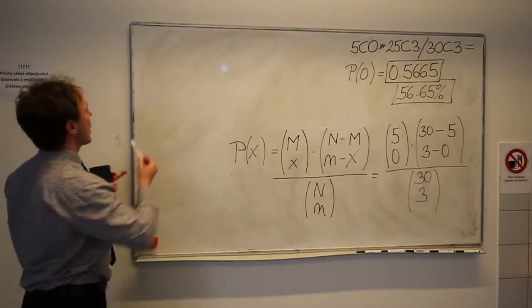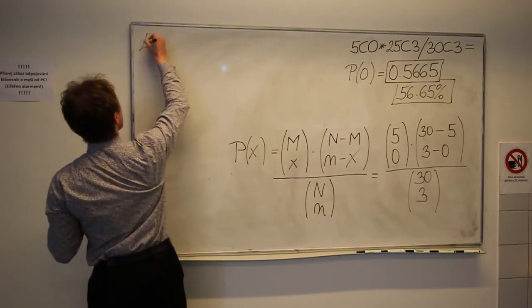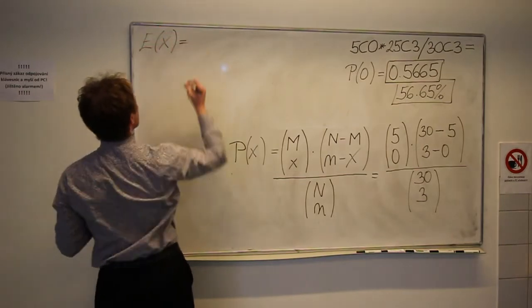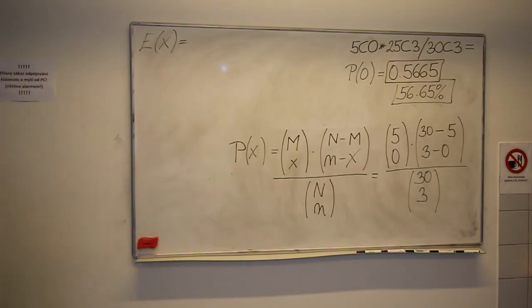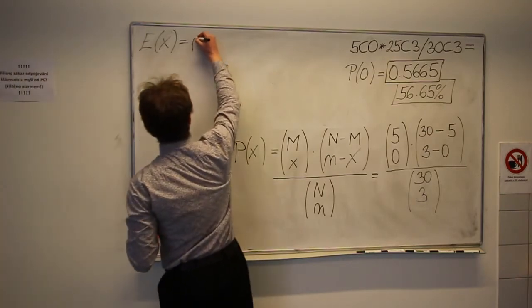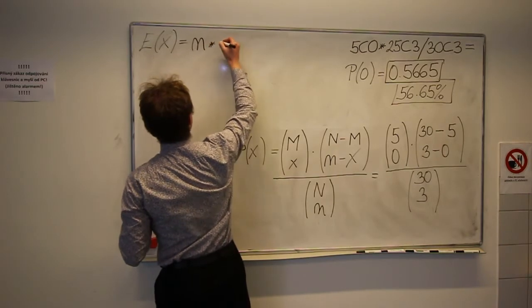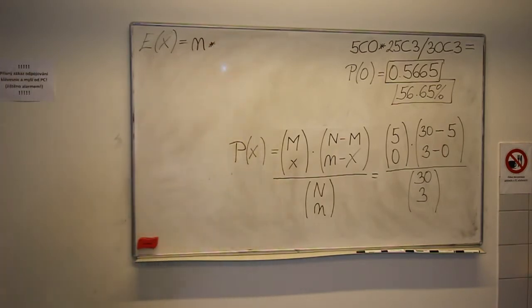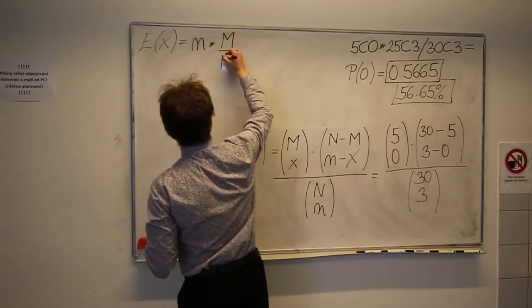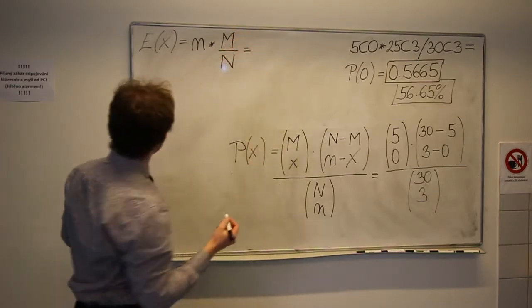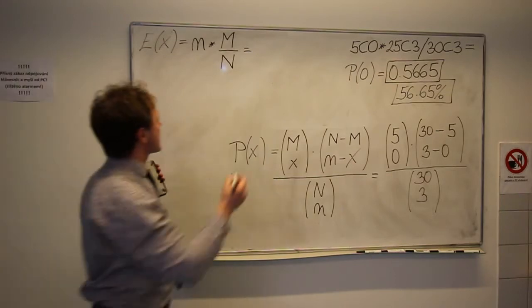So we would like to calculate the expected value of random variable x, and according to your formulas, the expected value is calculated like small n times the ratio capital M divided by capital N. So we are using our parameters.